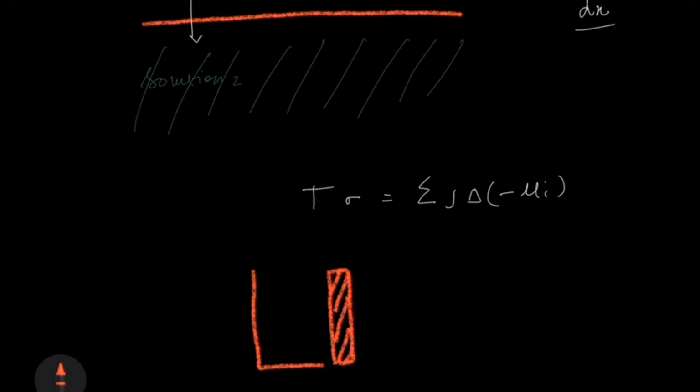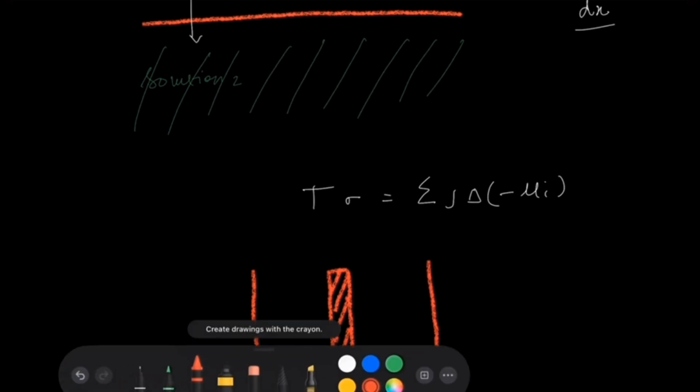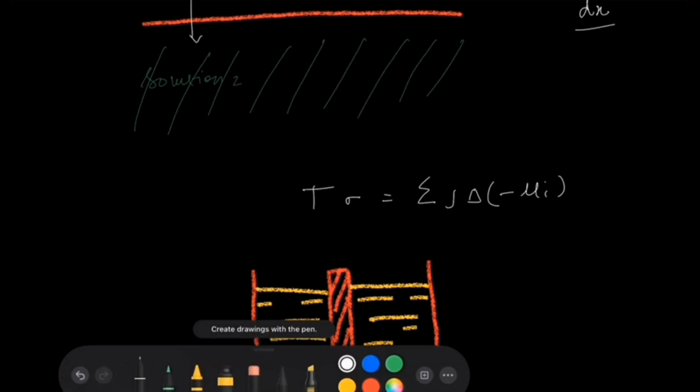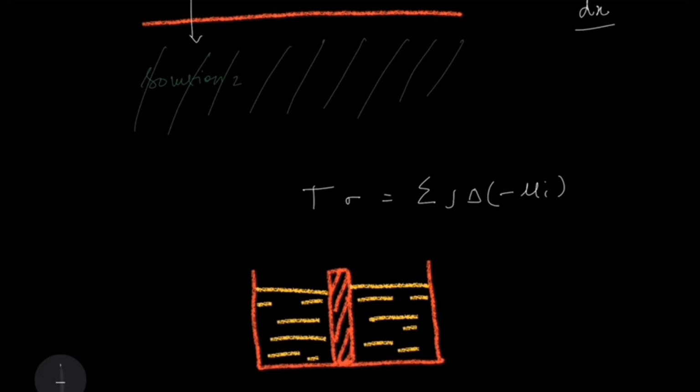So here we know that phi is equal to J, the flux, times delta p, the overall difference in pressure, plus Jv, the total volume flow, times delta pi. And delta pi is the difference in the osmotic pressure.